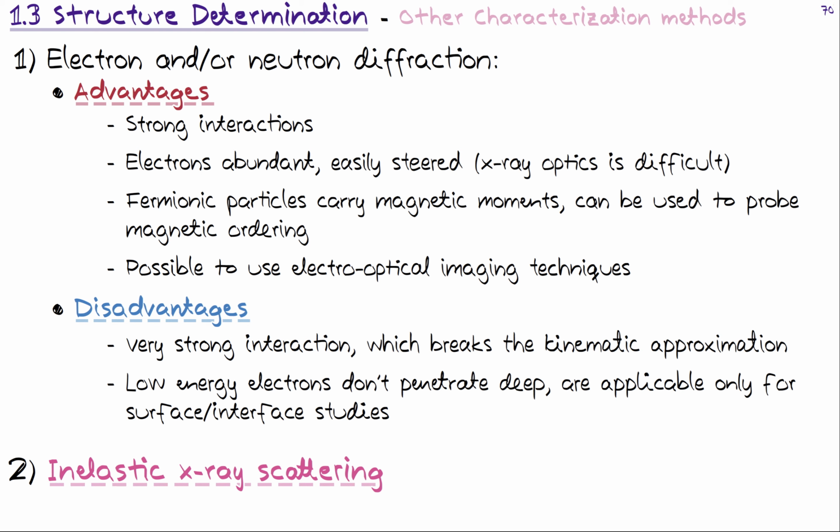And then there's also a possibility for inelastic X-ray scattering. And I would say that this is this kind of hybrid electro-optical imaging technique, because how do you then measure the energy difference? It might be easier that you actually come with electrons and then you measure some photon being emitted, or vice versa.